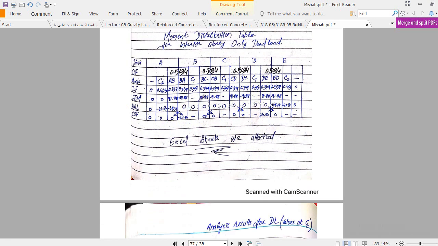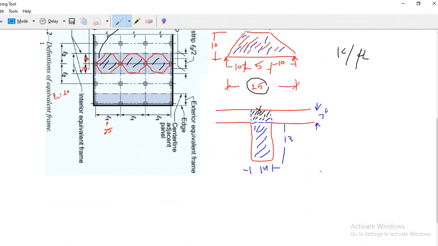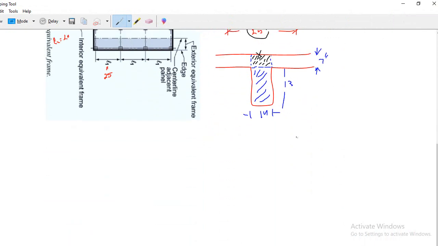Clear? Now members, we have a little bit of a cantilever portion. Let me draw here. You see this is a column, this is a slab. Sometimes a portion of the slab is cantilevered to this side.